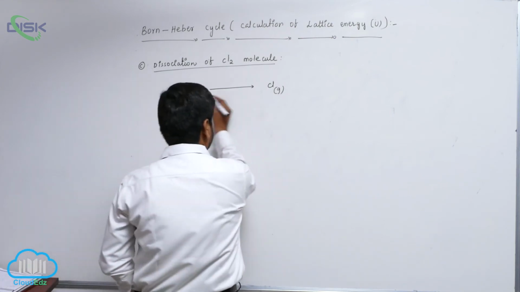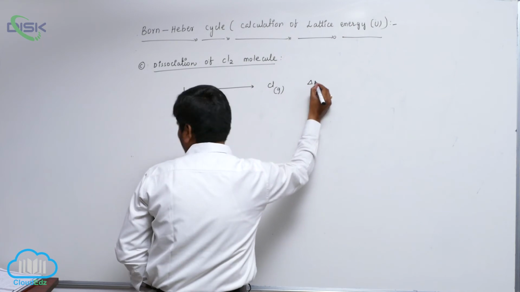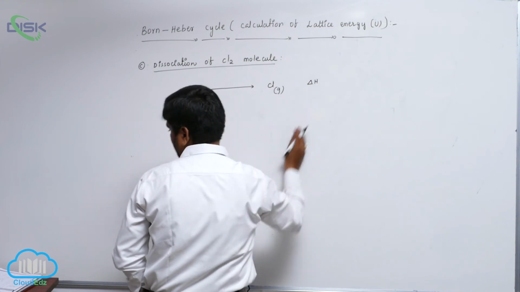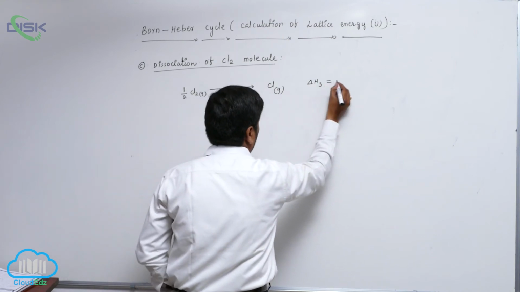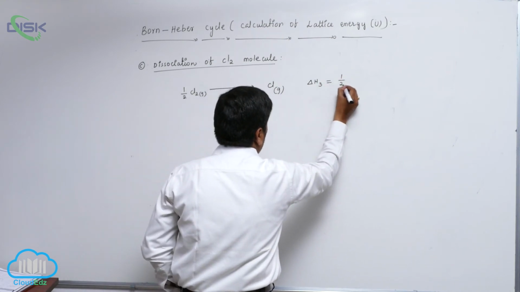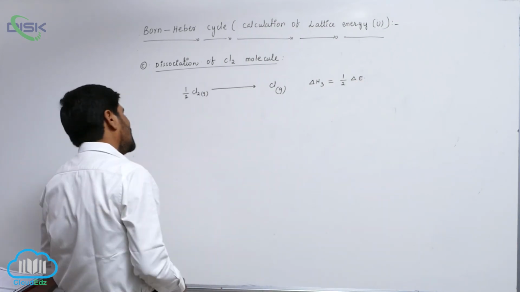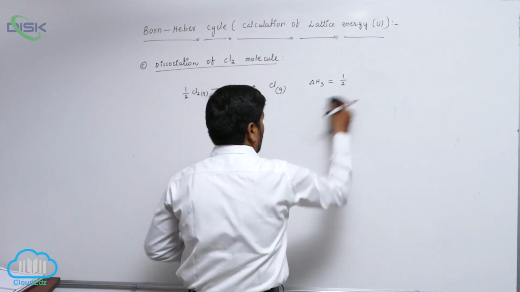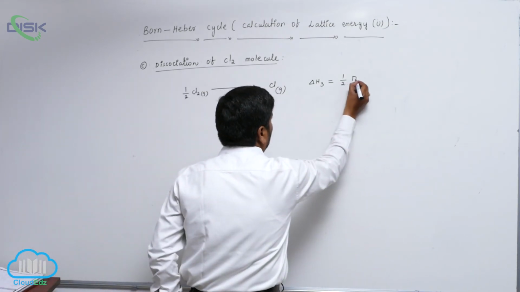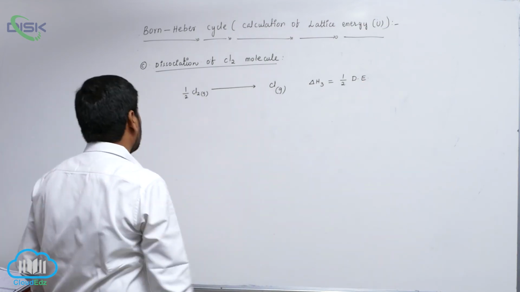Some amount of energy is utilized here, that is delta H3 equals 1 by 2 dE. dE means dissociation energy.